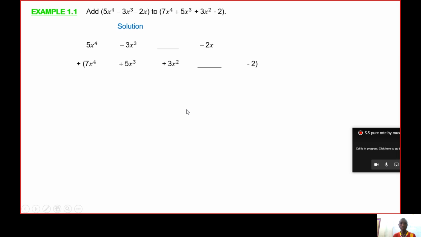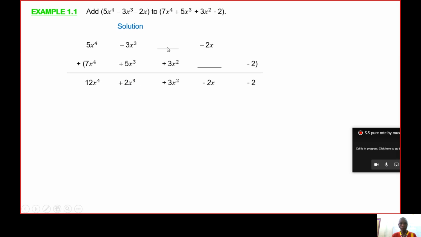So I want to add. The reason why I'm doing it like this is I'm trying to bring the like terms together and then add them. Remember they said add. So when we add, the first terms, 5x power 4 plus 7x power 4, we get 12x power 4. -3x power 3 plus positive 5x power 3, we get positive 2x cubed.